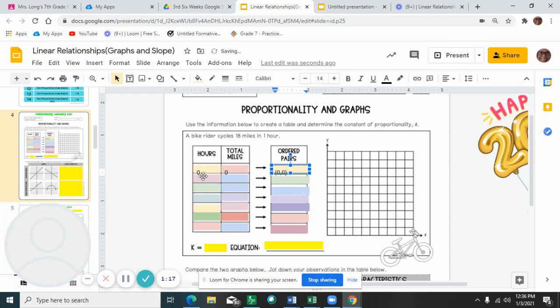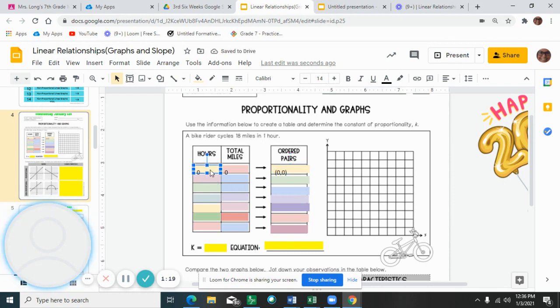Now remember, when we are talking about the constant of proportionality, we don't use 0, 0 because you can't do 0 over 0. So we're looking at anything other than that.